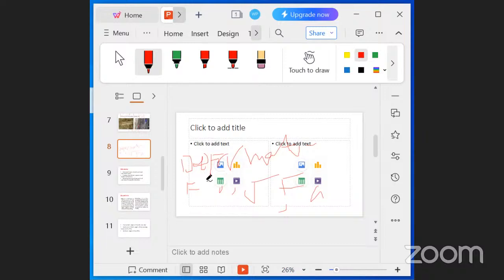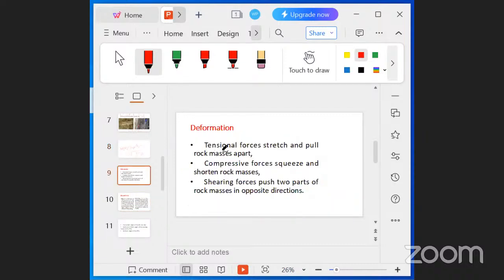These forces are tensional forces, compressive forces, and shearing forces. What are tensional forces?